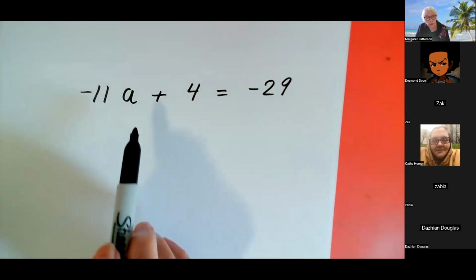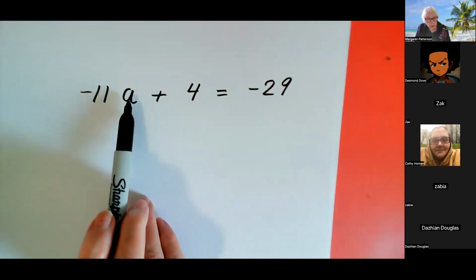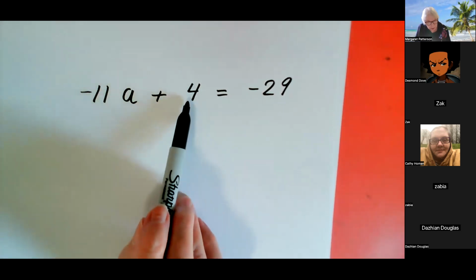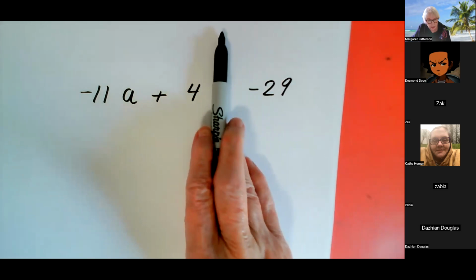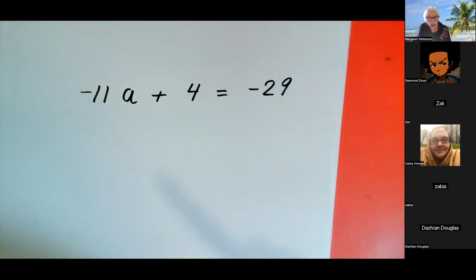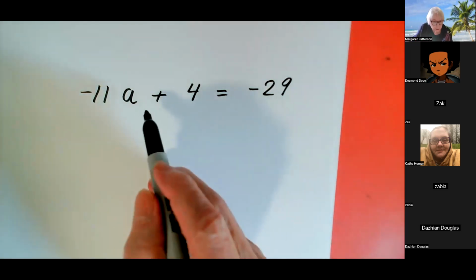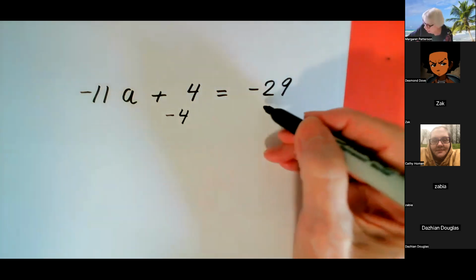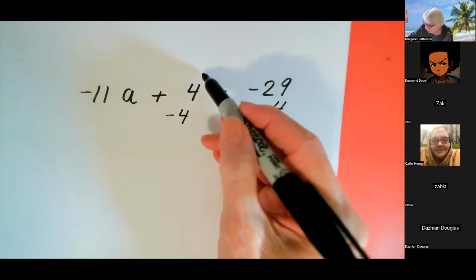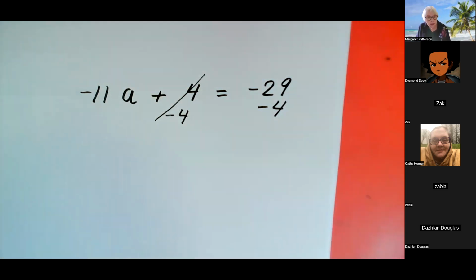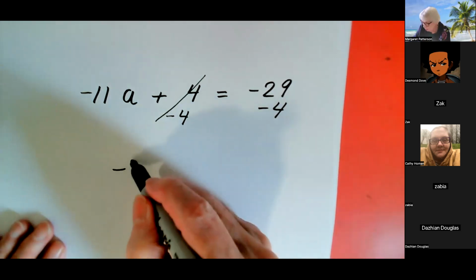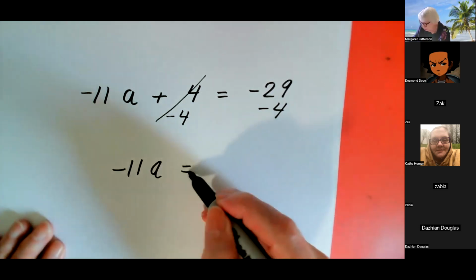This is still a two-step problem because I've got the -11 to deal with and I've got the +4 to deal with on the same side of the equation. I've got to get rid of the +4 first, like it or not. So I'm going to subtract 4 from this, and I'm going to subtract 4 from that. So the +4 and the -4 is 0, and I'm left with this over here, which is -11a.